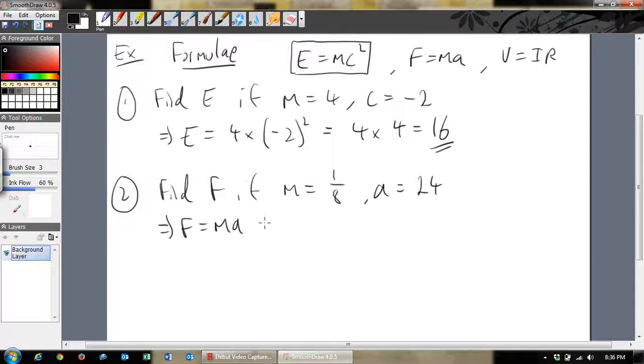F equals ma, remember this means mass times acceleration, so that's 1/8 times 24. Remember, if you're timesing fractions together, you can write it as a fraction if you want, and you times the top lines together, and you times the bottom lines together. 24 divided by 8 is 3, and there's your answer, 3.